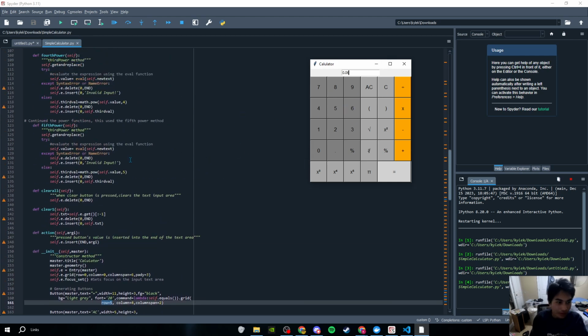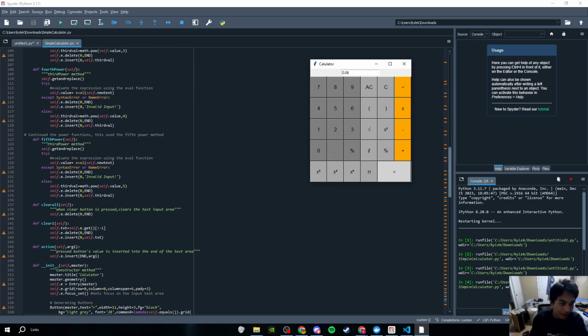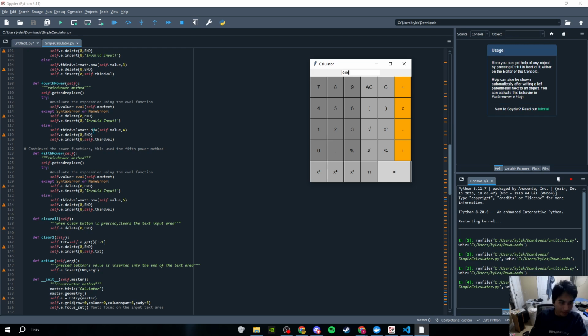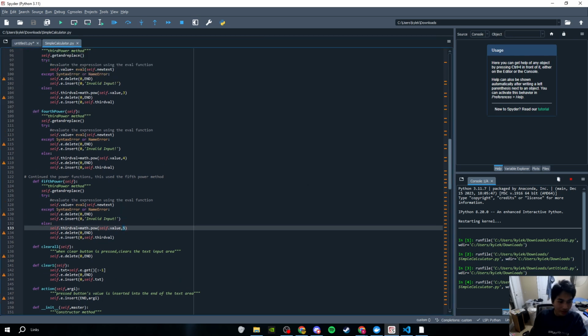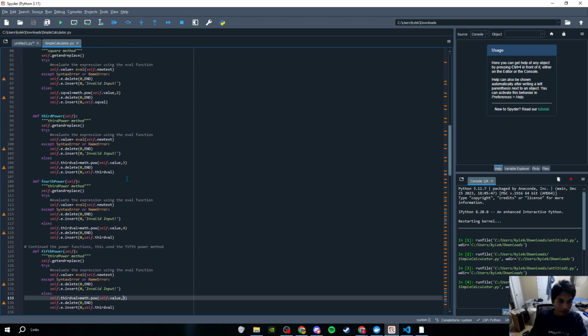So for the functions I added, for the first one, it's gonna be the fifth power, and all it is was using the math power function, the third val math power function, and setting the value as 5. So this is the only thing I change from the earlier ones.